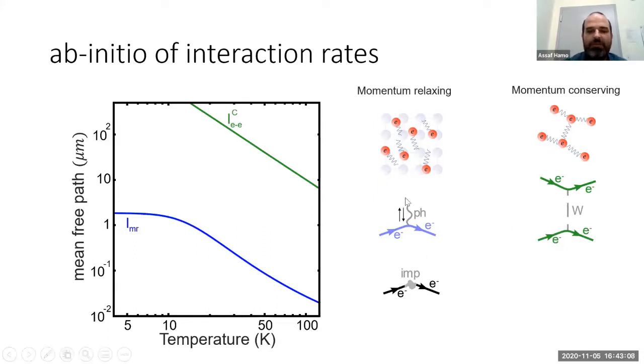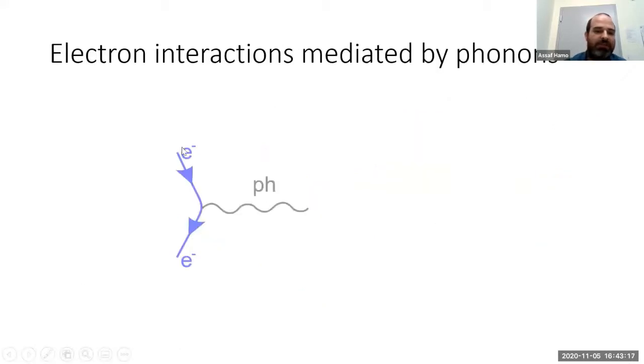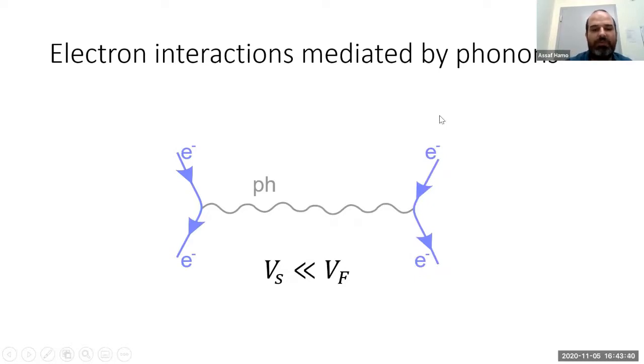So in order to understand that, we took a closer look at this interaction with phonons. If you look at this interaction between electron and phonon, and this phonon is long-lived enough, and since the sound velocity, the velocity at which the phonon travels, is much lower than the Fermi velocity, there is a chance that a lot of electrons will meet this phonon, and it will be absorbed by another electron. So in fact, what you have here is interaction between electrons that is mediated by phonons.